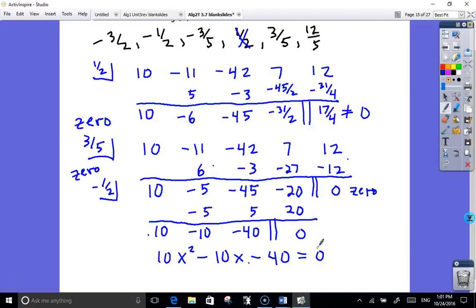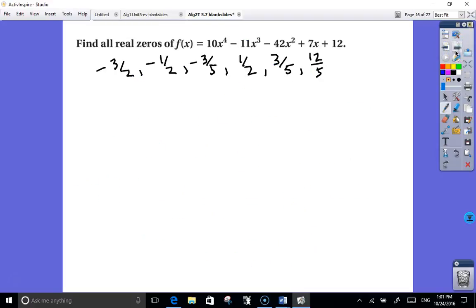So let's do that. 10x squared minus 10x minus 40 equals 0. So what's the first thing we should do to simplify this? Divide out a 10, right? So it's x squared minus x minus 4 equals 0.